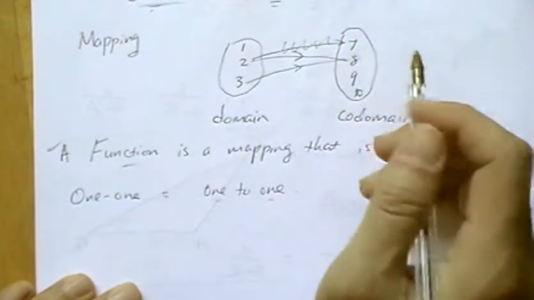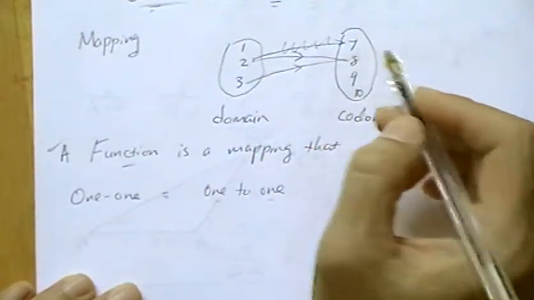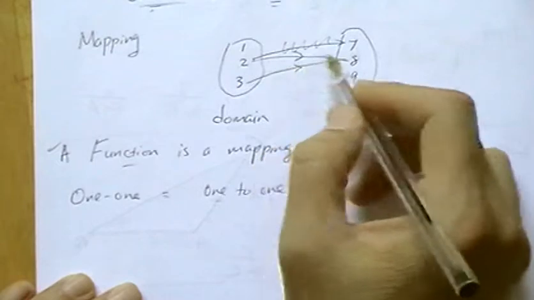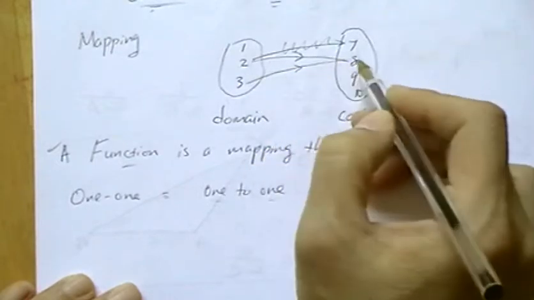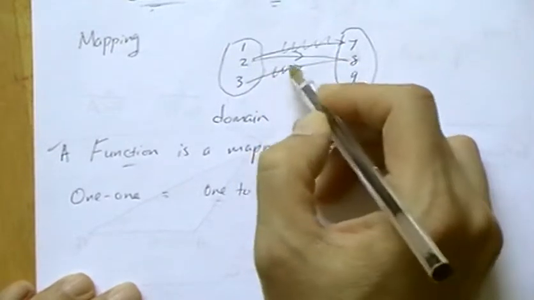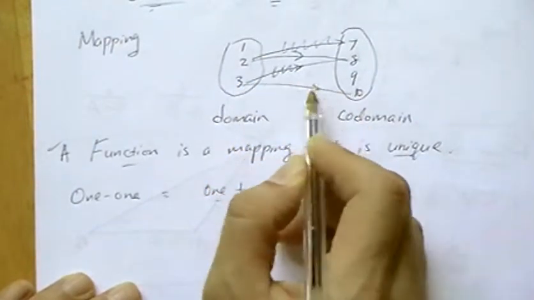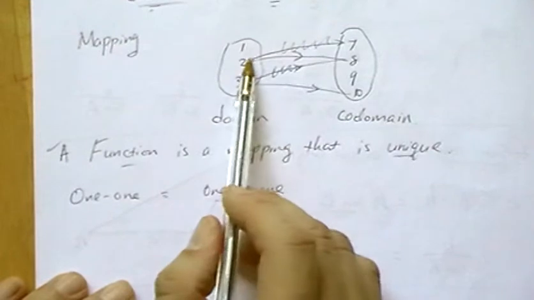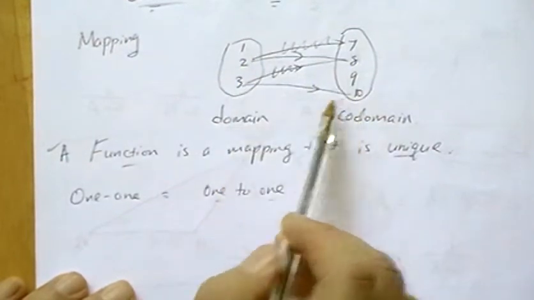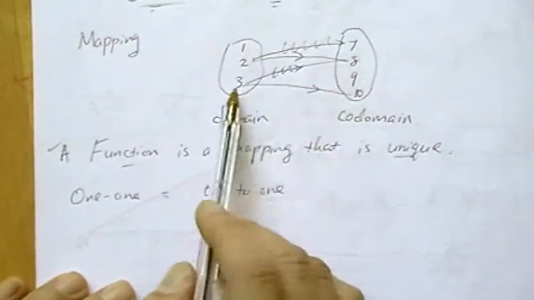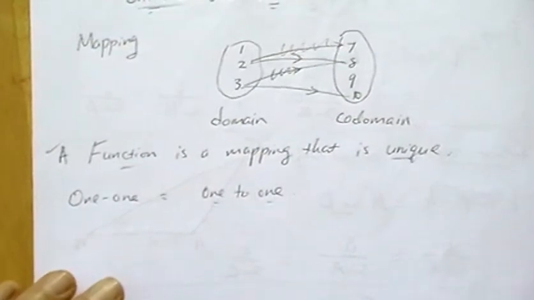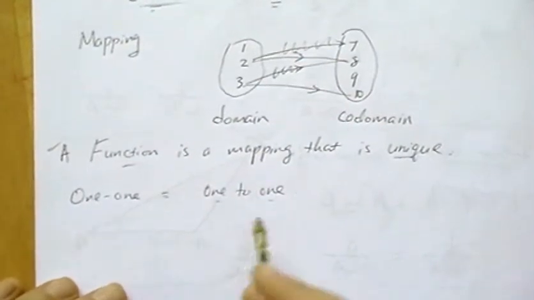To make it 1-1, I might, for example, have to change my rule so that 3 cannot go to the same number 8 as 2. So I remove that. So maybe 3 will go to 10. So now I've made a new rule in which 2 maps to 8, 3 maps to 10. So each number maps onto a different number. Okay, so this is called 1-1.